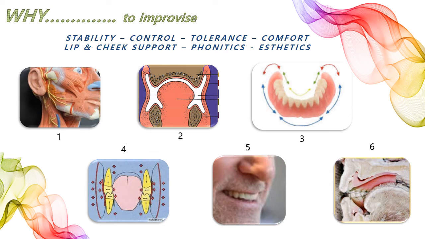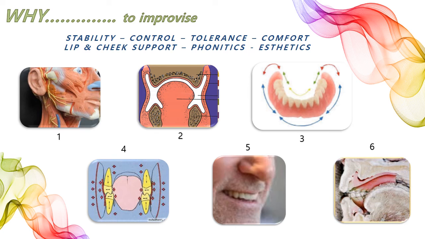Lastly, the fifth and sixth photographs in this slide give a clear visualization of how the external musculature is relating with the external surface of the denture and how the internal musculature is relating with the internal surface of the complete denture.